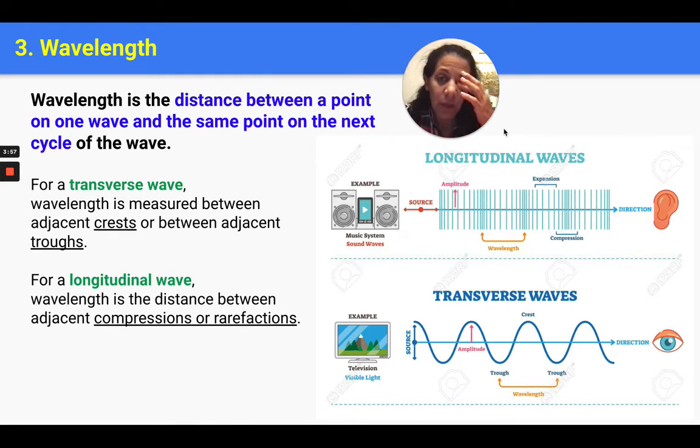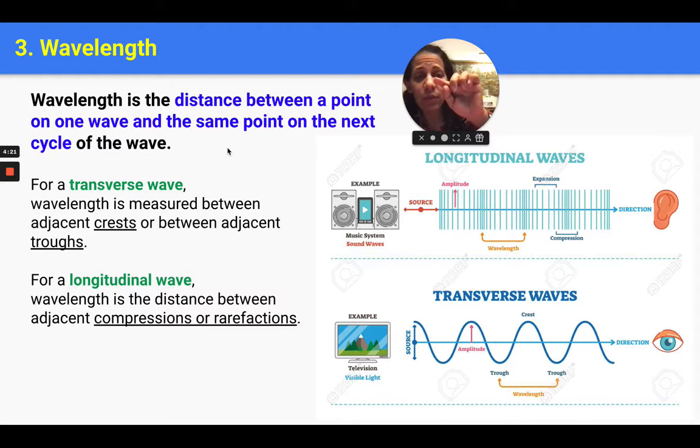All right. So we're now going to talk about the third property, the wavelength. From the word, it's the length of the wave. It's the distance between a point on one wave and the same point on the next wave. Meaning, from crest to crest, or from trough to trough.